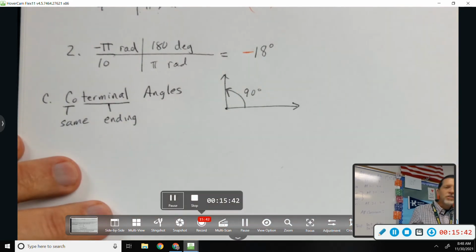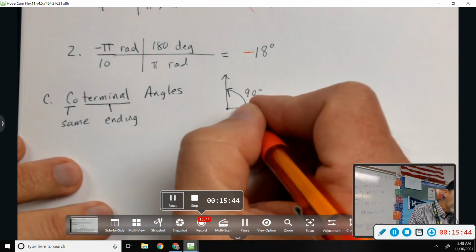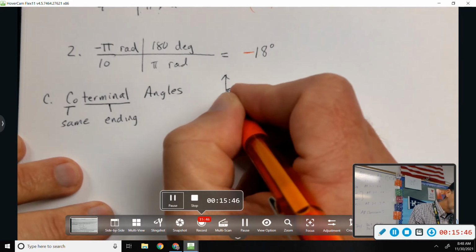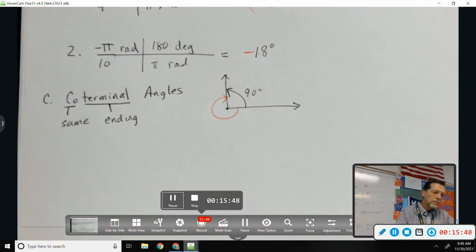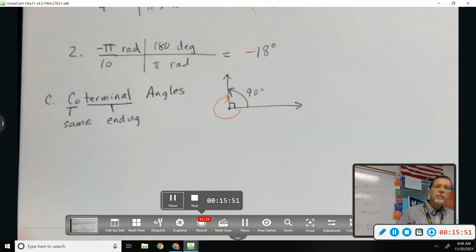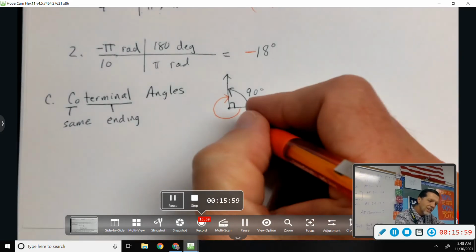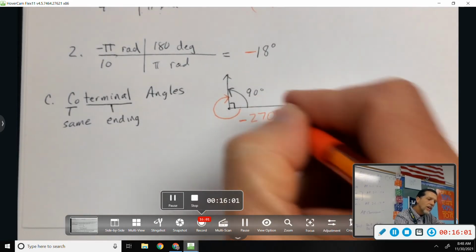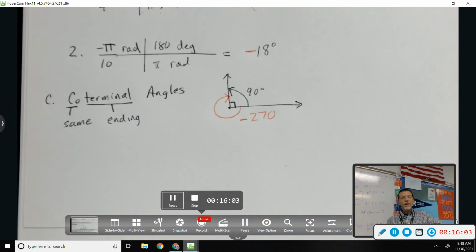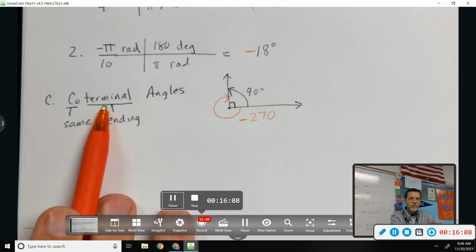If we went backwards, how far would we have to go to land at the same spot? Negative 270. So 90 and negative 270 are coterminal. They have the same ending.